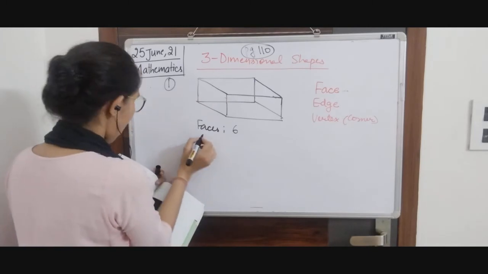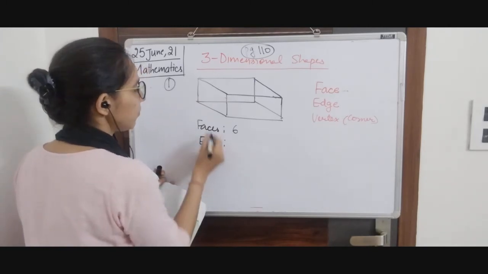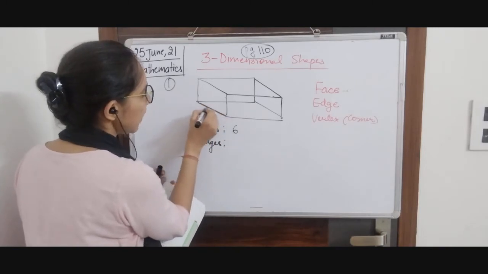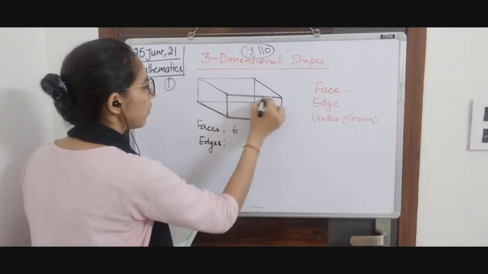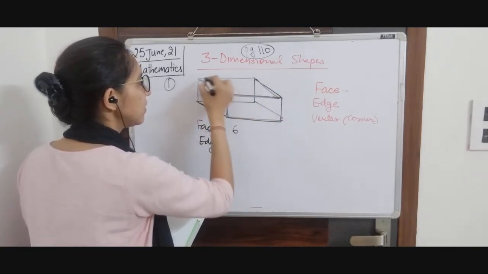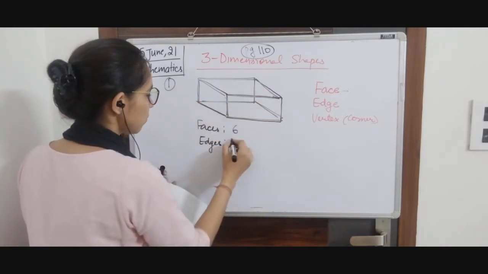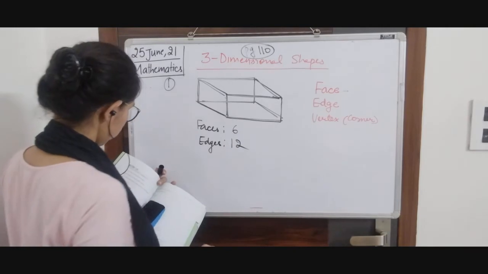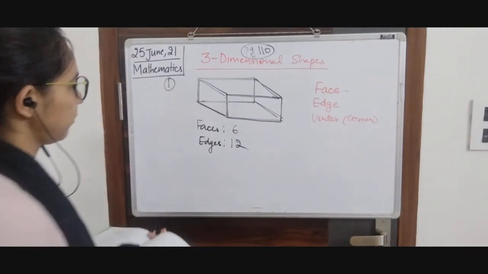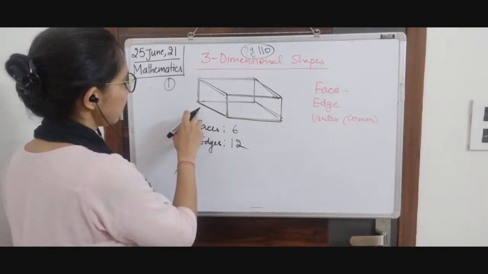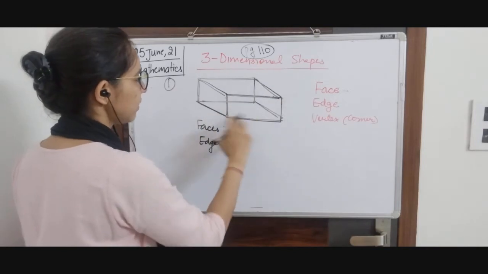How many edges does it have? We have to count this line segment. 1, 2, 3, 4, 5, 6, 7, 8, 9, 10, 11, 12. So 12 edges. We can count again. 1 to 12.